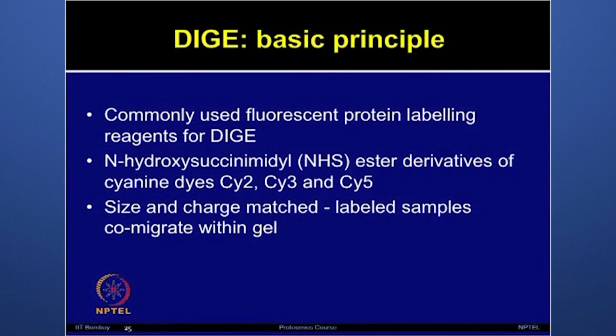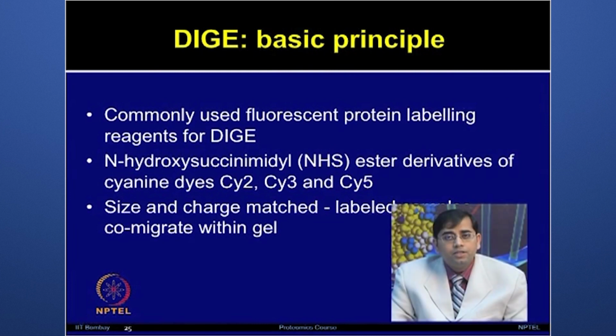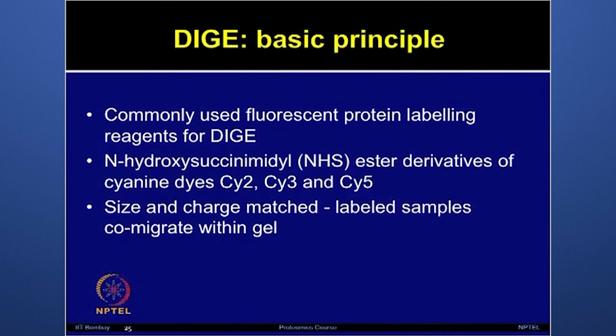As we discussed, this is a commonly used fluorescent protein labeling reagent for the DIGE. The N-hydroxysuccinimide or NHS ester derivatives of cyanine dyes such as Cy2, Cy3 and Cy5 are used in this method. The Cy3 and Cy5 are used to label your control and your treatments. One should always try to do the dye swapping, so that there is no dye bias.